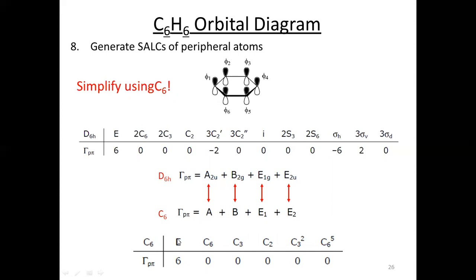It means we can solve the benzene symmetry adapted linear combination by choosing C6, because this one-dimensional representation is also one-dimensional, this is the one-dimensional representation B, it's also a B, and these two are E representations, and we have the similar combinations. It means we can solve the symmetry adapted linear combinations with the help of the C6 point group.